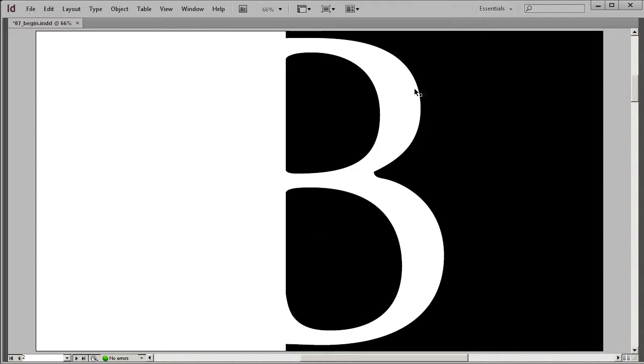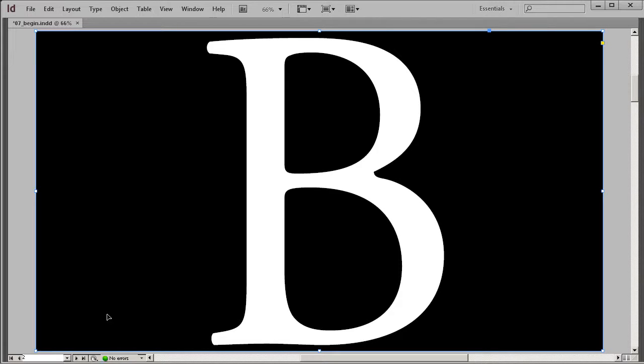So we also have, again, the bodies of the B, or the curvature of the B, that surrounds those two forms. So I think that being able to look at both the positive and negative space that surrounds a letter form is, again, critical in being able to begin making decisions based on what a typeface looks like. So with that said, let me undo that here, and I'm going to go ahead and back up.